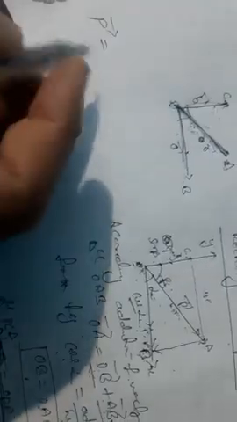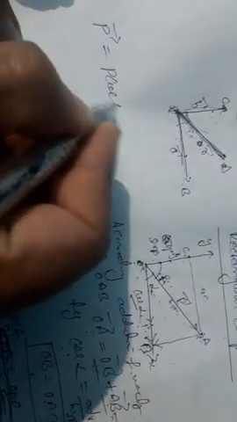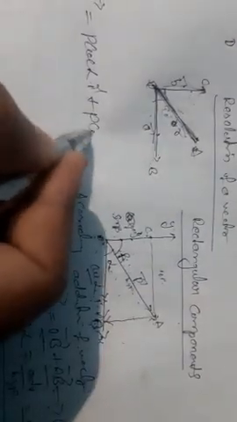Substitute the value of beta in this equation. Therefore vector P is equal to P cos alpha i cap, plus P cos beta, and this beta value is 90 minus alpha, j cap.